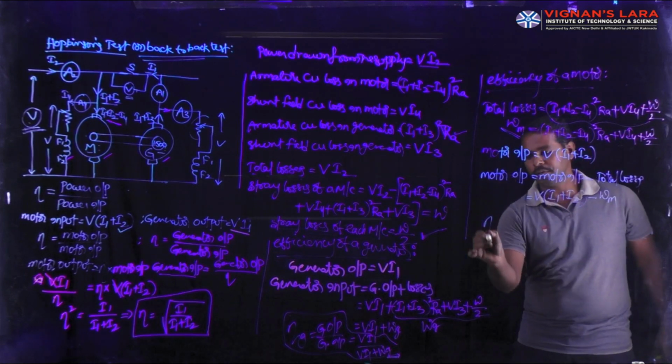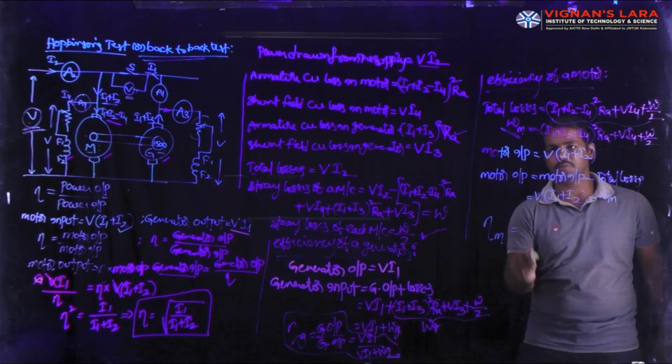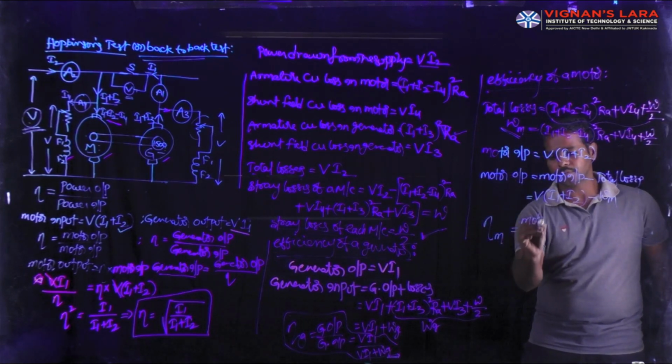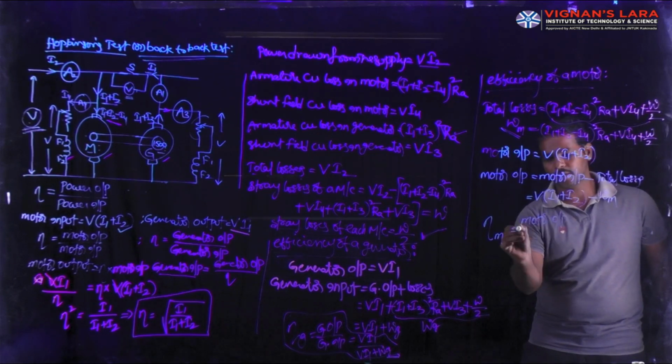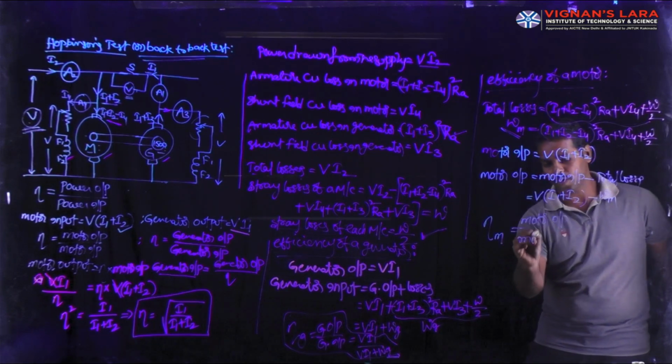Now the efficiency of the motor, eta M, is equal to motor output divided by motor input.